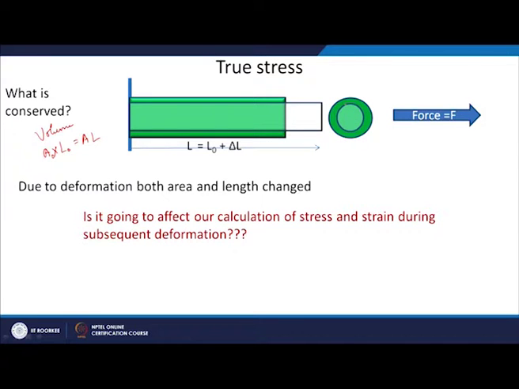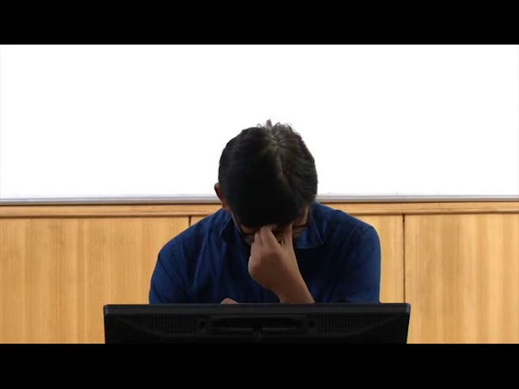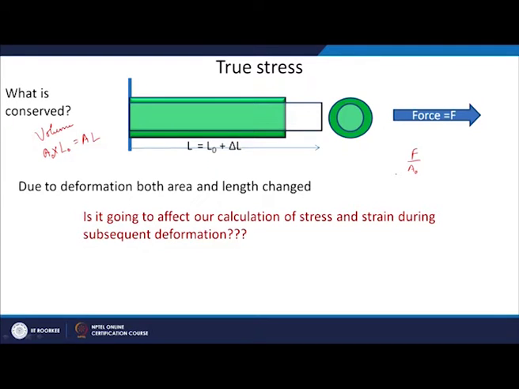Now, the problem which we want to pose here is that when I am finding out the engineering stress, I said the force divided by the original cross sectional area A naught. But now during the deformation, my area itself is changing. You can see that the area has reduced.